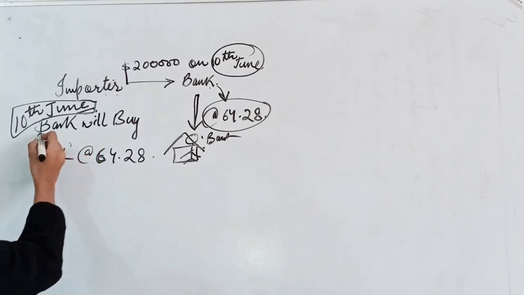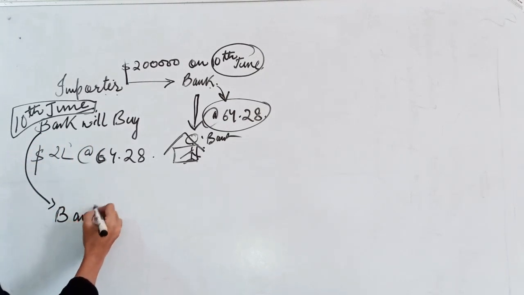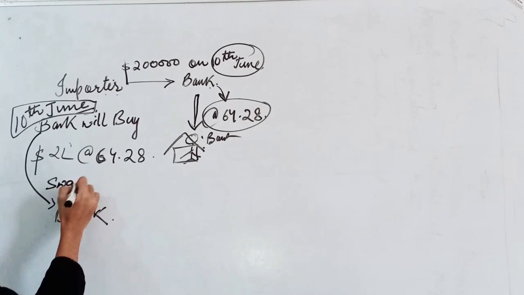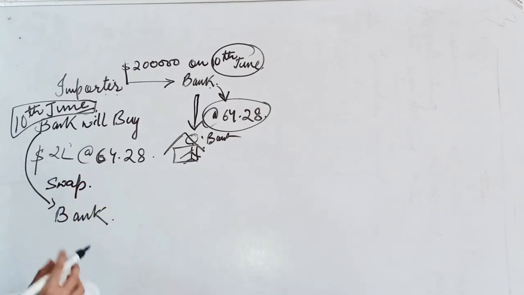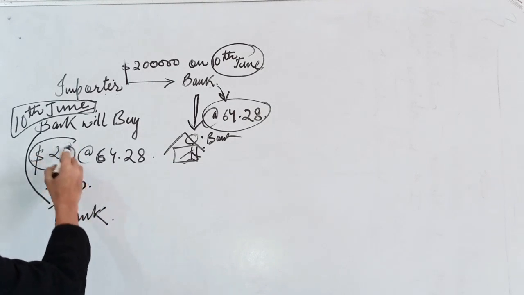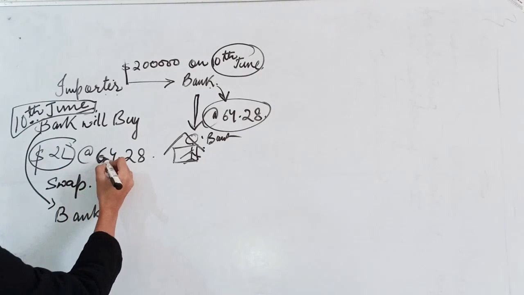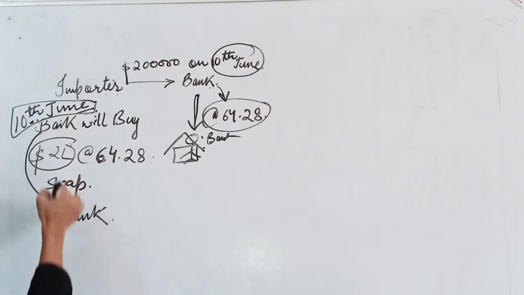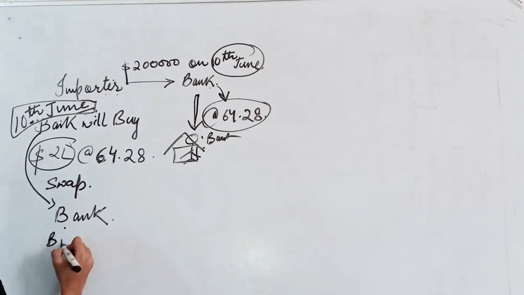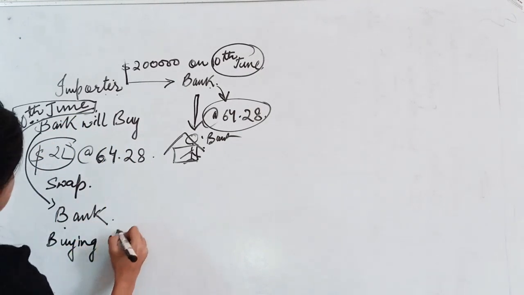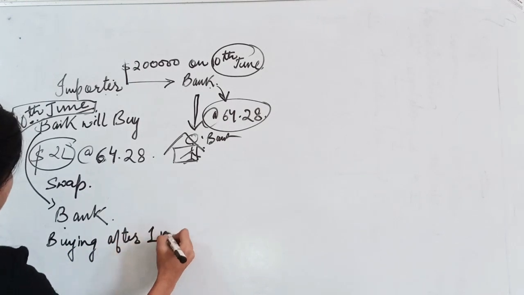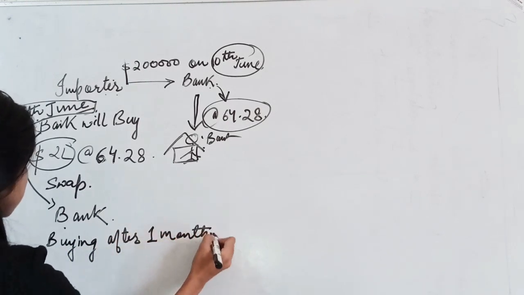The bank went to another bank and here it did a swap on 10th of June by selling, spot being of 10th of June, and buying 1 month forward. So the transaction is happening on 10th of June. So it will sell on 64.28 and it contracted with another bank for buying after 1 month.